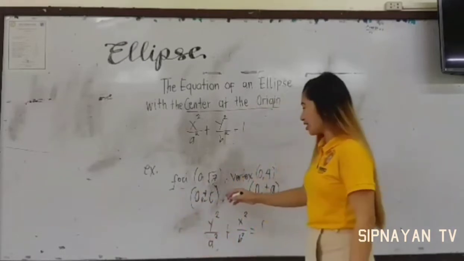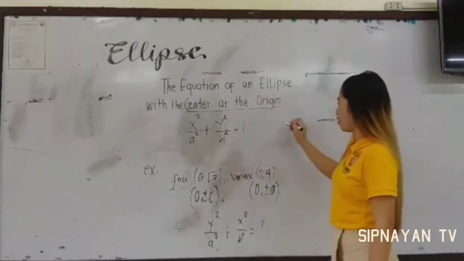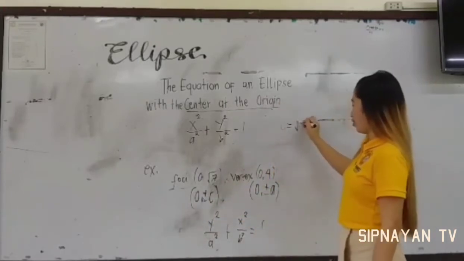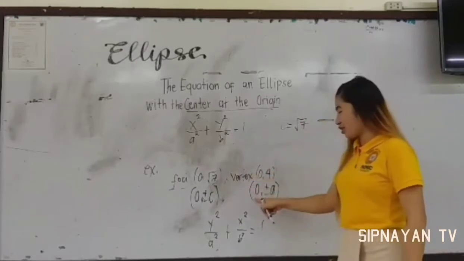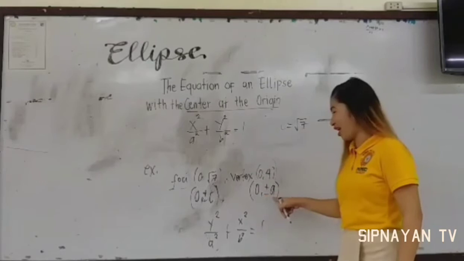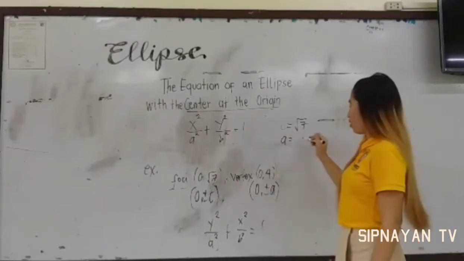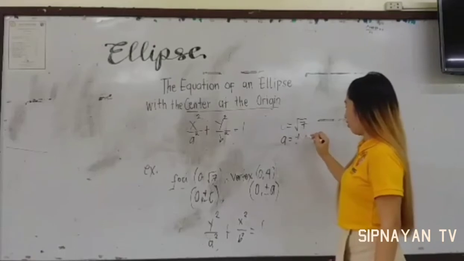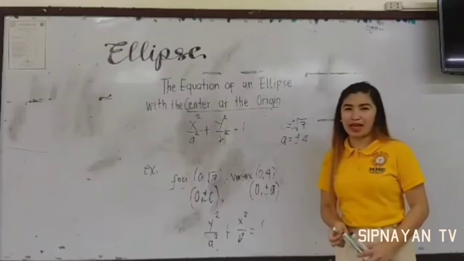Okay, so since ang foci is 0, positive, negative c, therefore our c is equal to square root of 7, while ang vertex is 0, positive, negative A, therefore, ang A natin is equal to positive and negative 4. Bakit positive, negative?